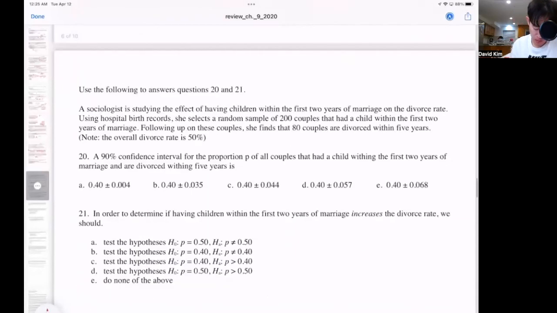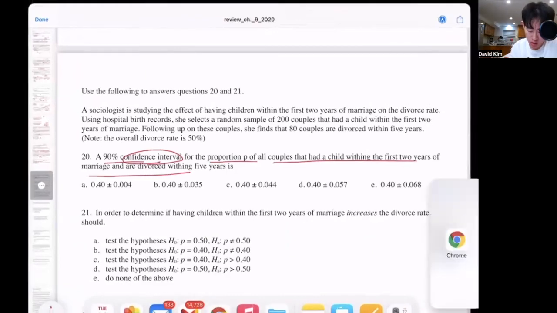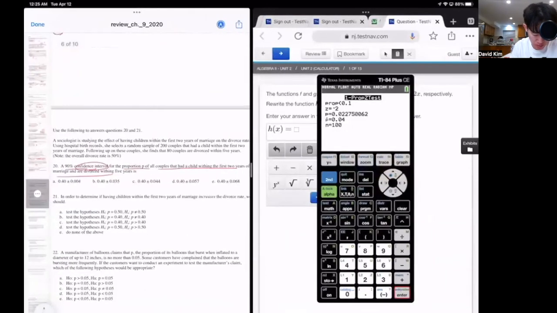Number 20, a 90% confidence interval for the proportion p. Okay, so we're going back to confidence intervals, which is chapter 8 stuff. No problem. So we're just going to go here, and it seems like we have stats and tests. I think we have the Z interval test.